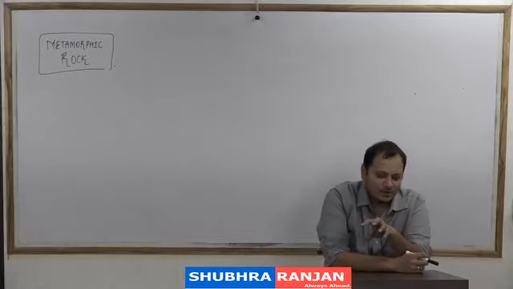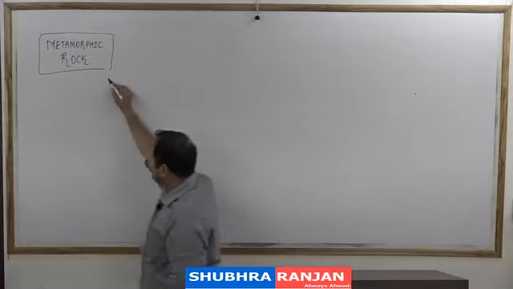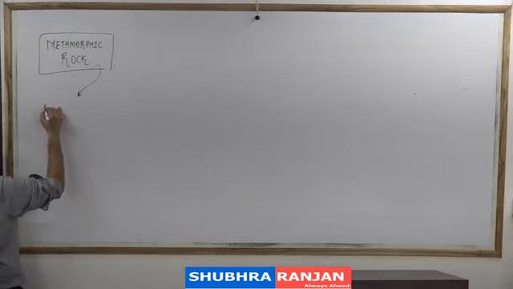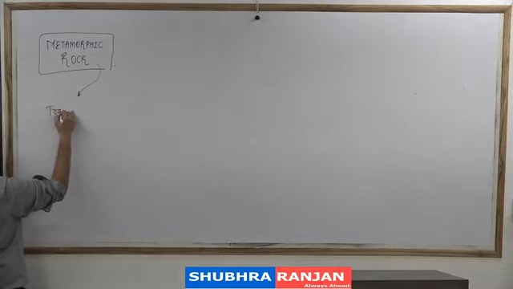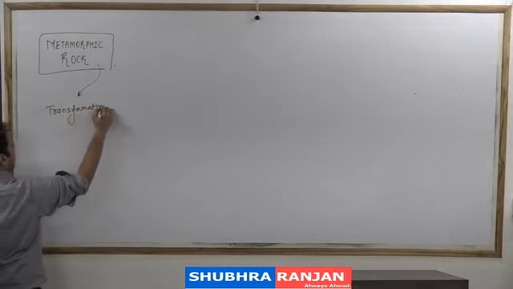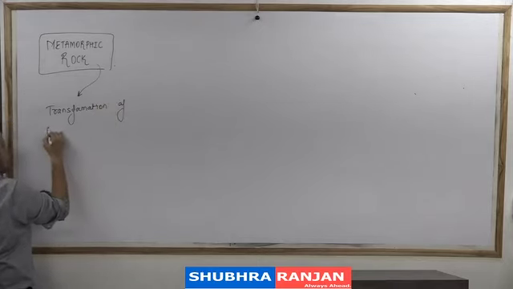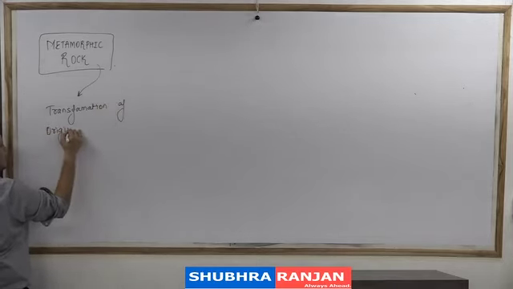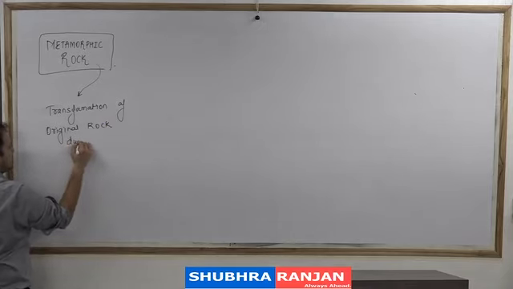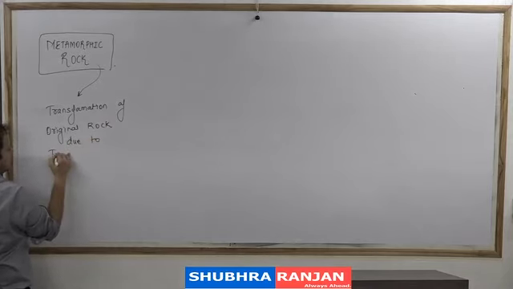Metamorphic rock. Metamorphic rock means one which has formed due to temperature and pressure changes. That is, can I say transformation of original rock due to temperature and pressure changes.